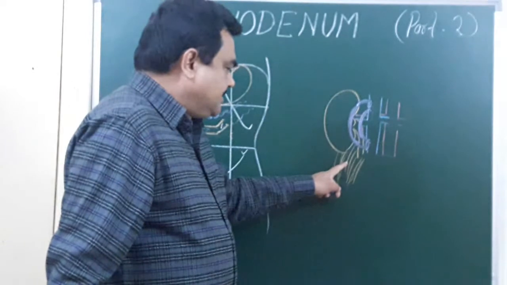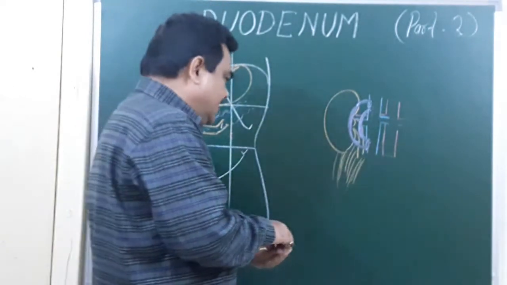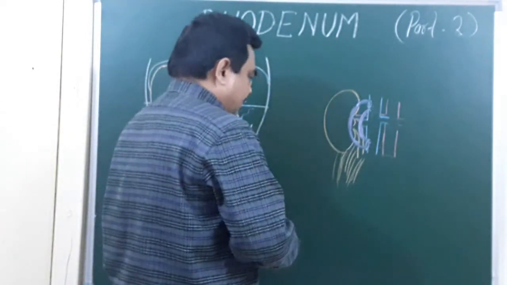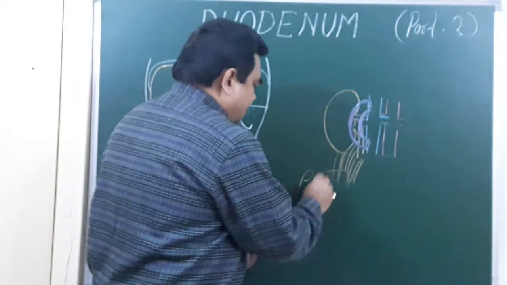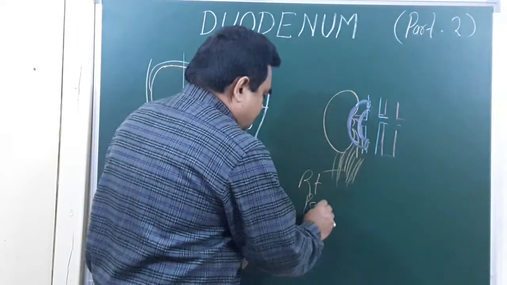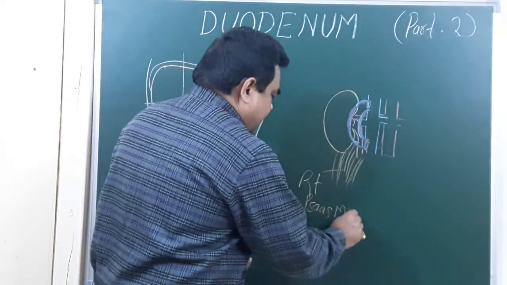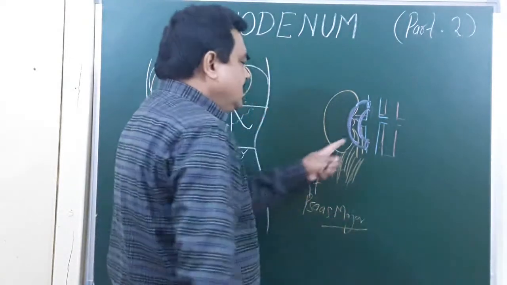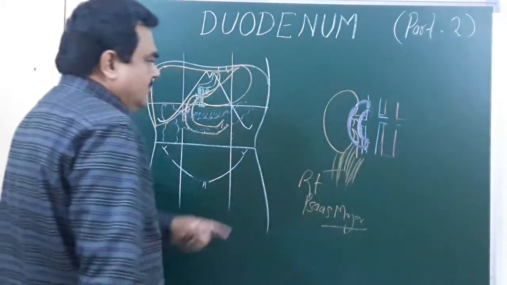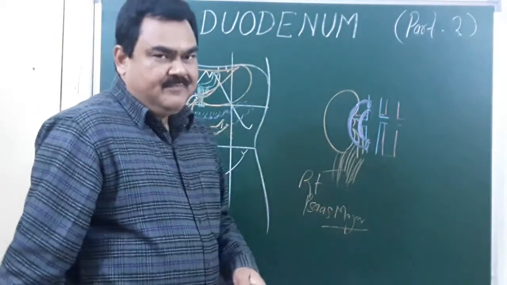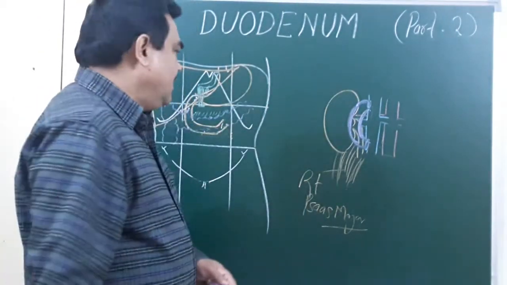And here is the right psoas major muscle. So these structures lie behind the second part of the duodenum as its posterior relation.